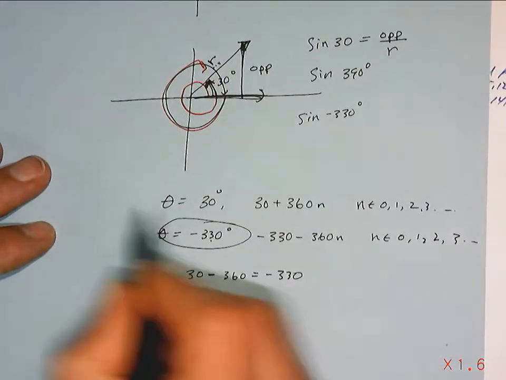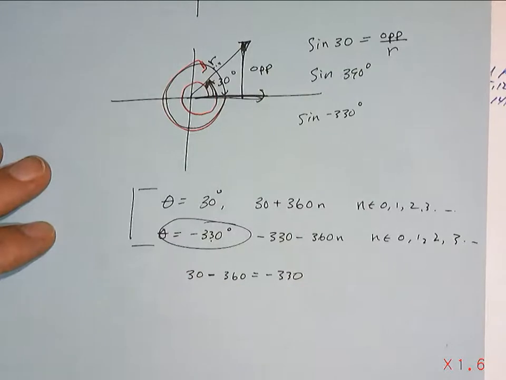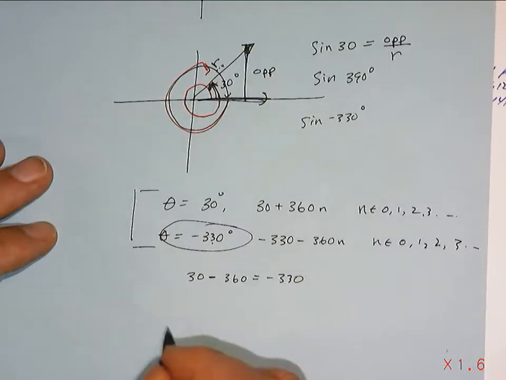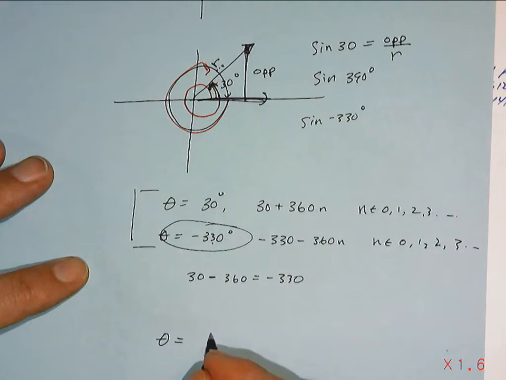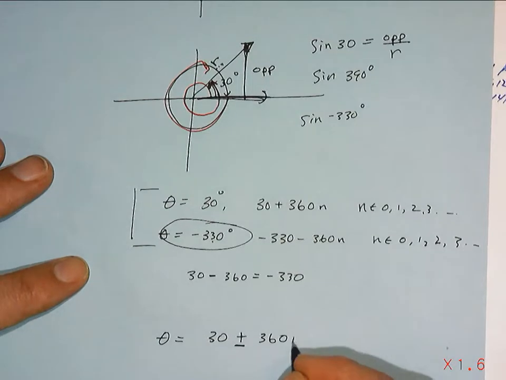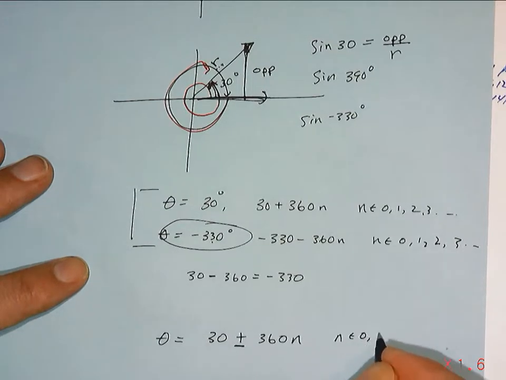So what this means is that these two different formulas can be put together to give me all of the coterminal angles here by starting with the principal angle, and instead of just adding 360, if I subtract 360, I can get all of the rotations.